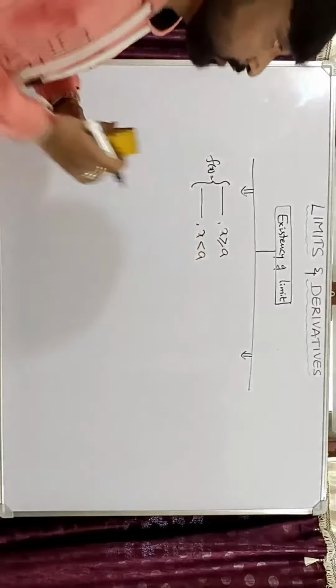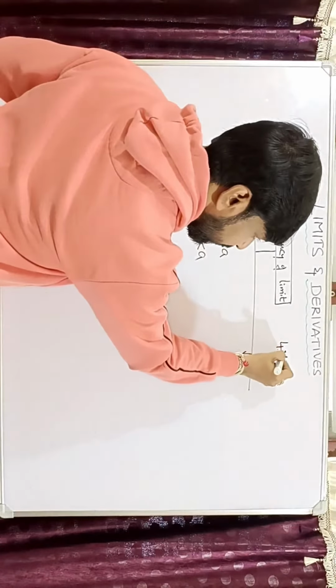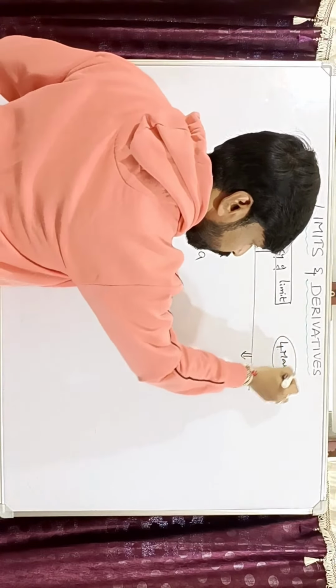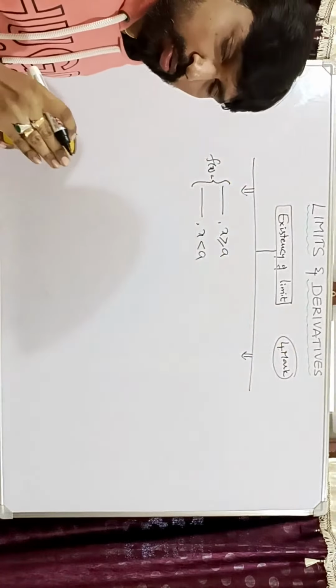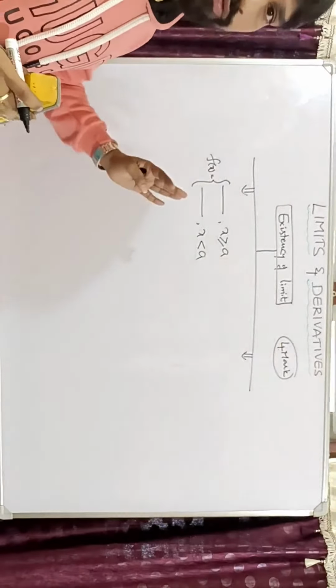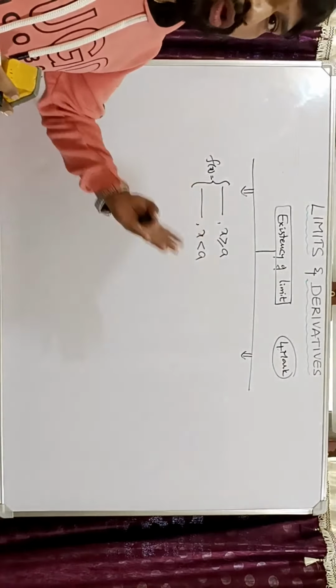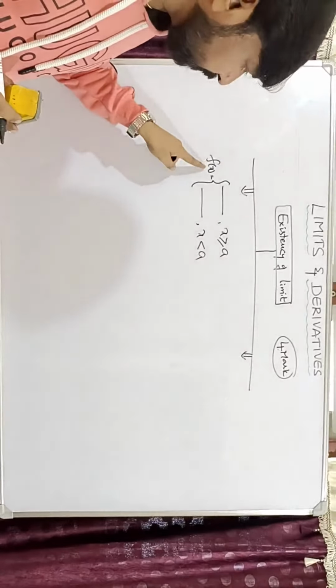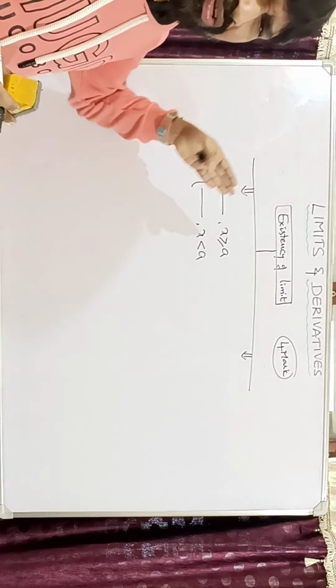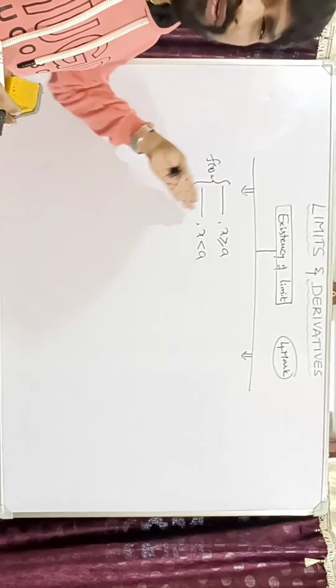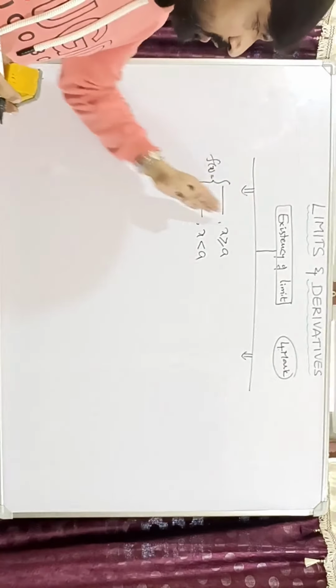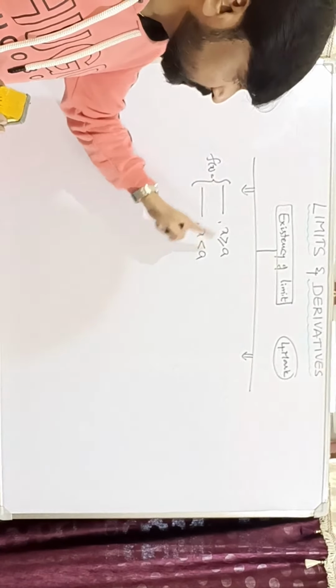From this concept only your 4 marks question will come in the final exam. You need to listen very carefully. The model recognition is most important. Afterwards, you can understand how to solve the model. So f of x, whatever they give, mod x or sin x or x square plus 2, a linear function or a quadratic format, whatever question is given, you need to focus on this, not on this.